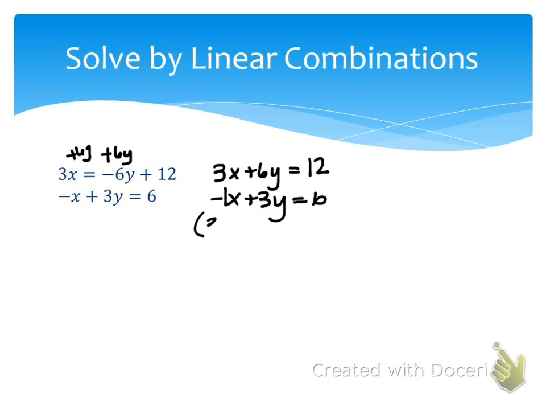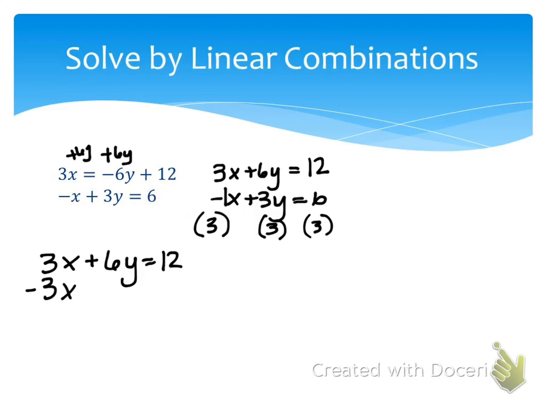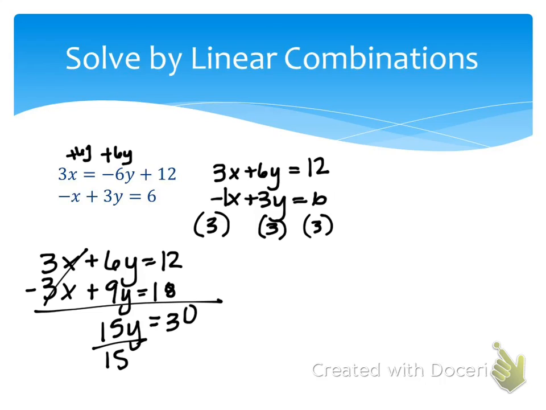So let's just say we multiplied everything on the bottom by 3. My top equation would still be 3x plus 6y is equal to 12. But my new bottom equation would be negative 3x plus 9y equals 18. This would cancel out, and I would get 15y is equal to 30. Divide by 15 on both sides, and y is equal to 2.